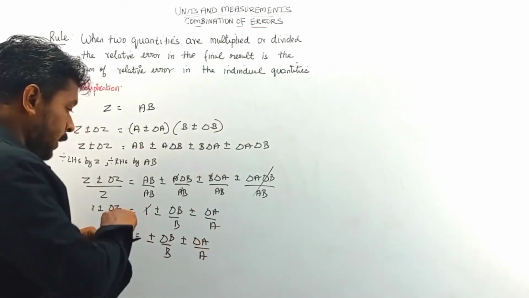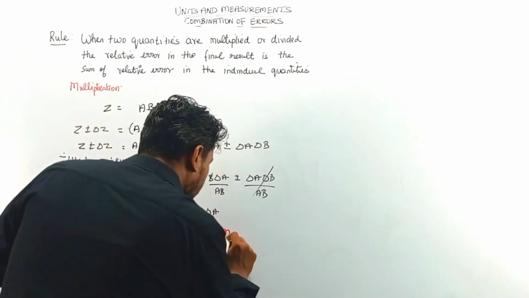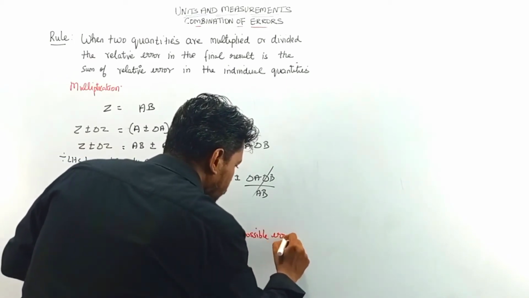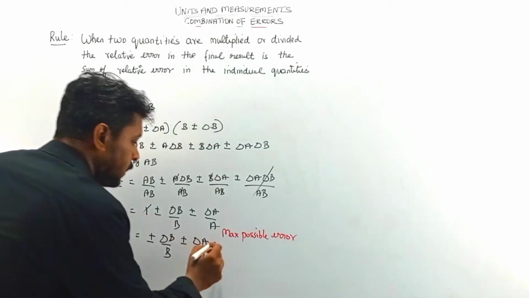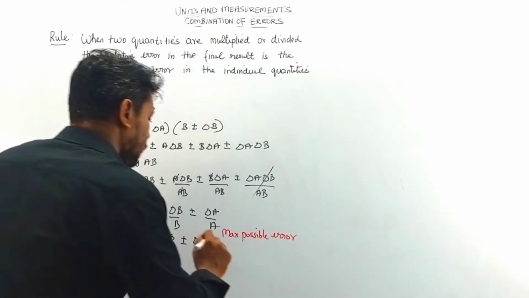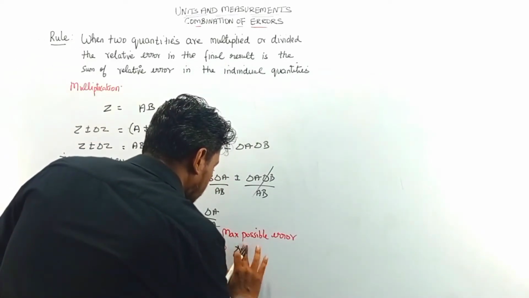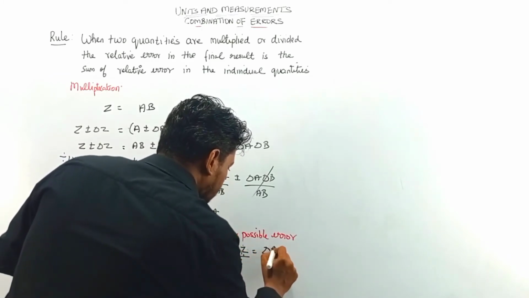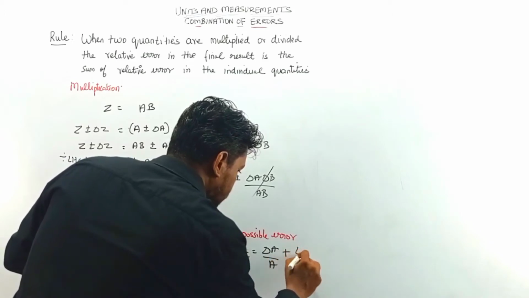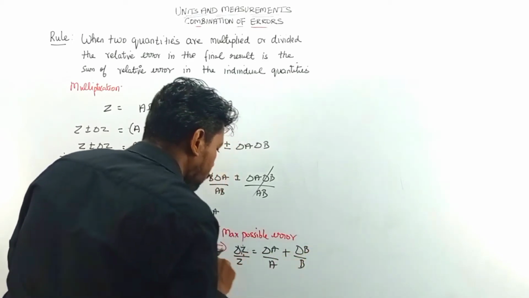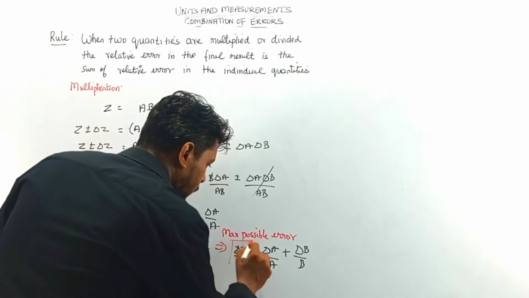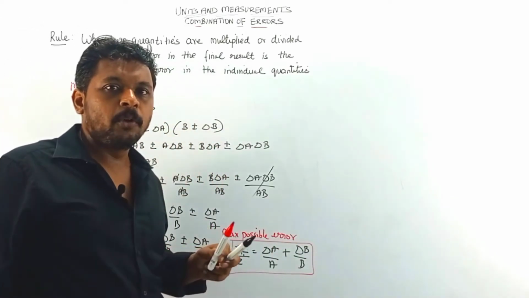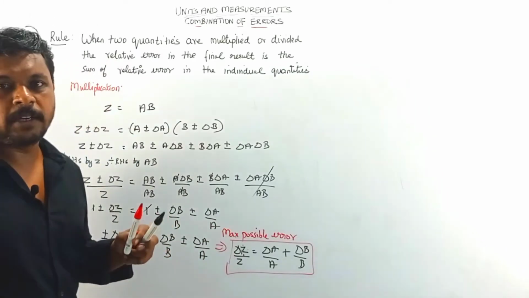So the maximum possible error is delta Z by Z is equal to delta A by A plus delta B by B. This is the final form of representing the relative error when you multiply two physical quantities.